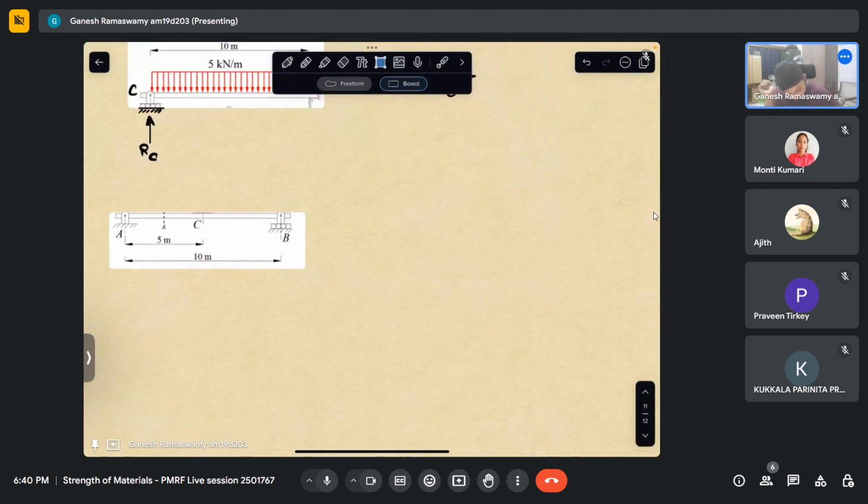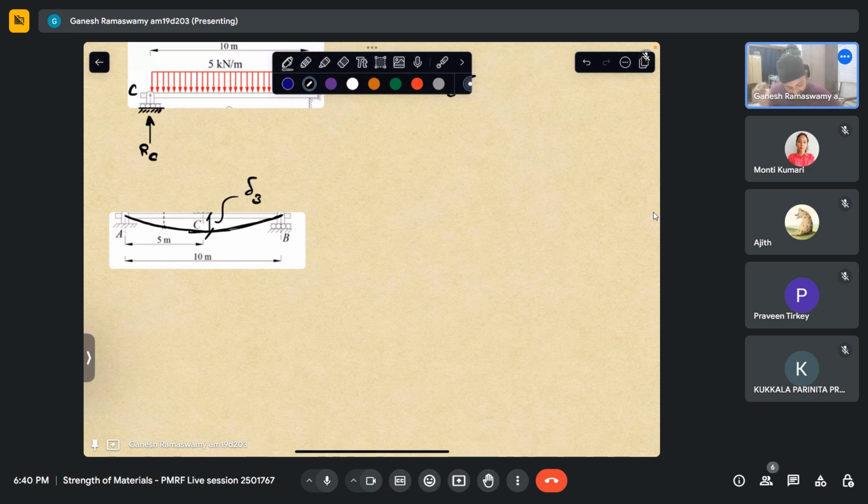So this will actually go down by some amount like that. And by virtue of symmetry, the maximum deflection will be at the center. So this quantity is delta 3, let us say.